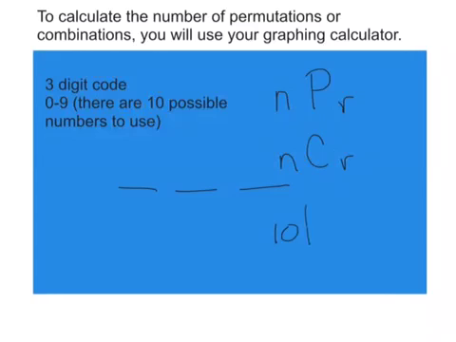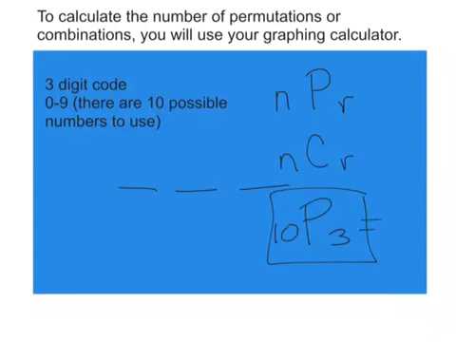So our 10 is going to go in for n. We're dealing with a permutation. We said order is important. And r is how many digits we are going to arrange, which is 3. So we are going to calculate something called 10P3 for this example. So we're going to use our calculator, and I'm going to just talk about the solution to this.